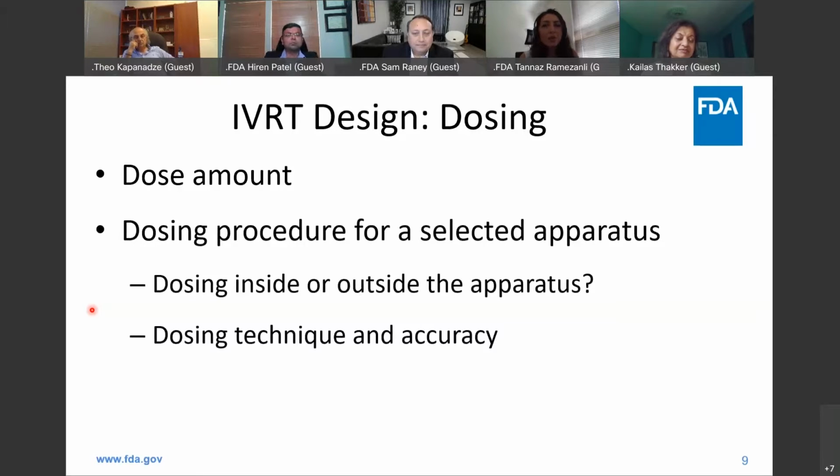There is no minimum value really recommended for the dose amount, but you need to make sure you sufficiently cover the membrane, and you need to justify it if you're using values that are on the lower side. And I would like to ask what those justifications should be.